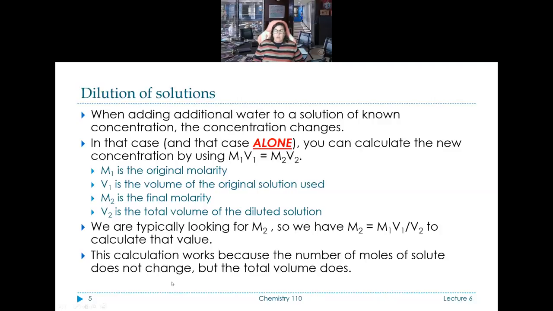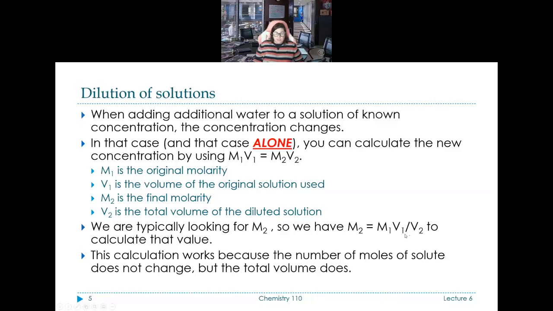Okay? When we're doing this, we're typically looking for the new molarity because we know what solution we started with, so the concentration and the volume, and we know the final volume that we made. So we need to be able to calculate what that new concentration is. If we're doing that, we're looking for M2, so we can rearrange this to have M2 equal to M1 times V1 divided by V2 to calculate that value.